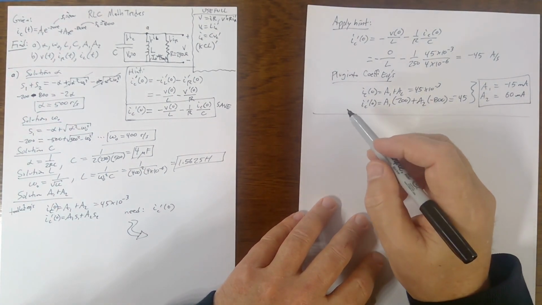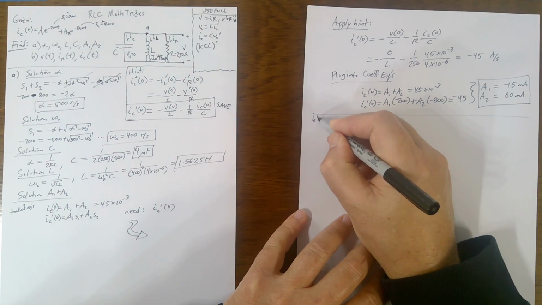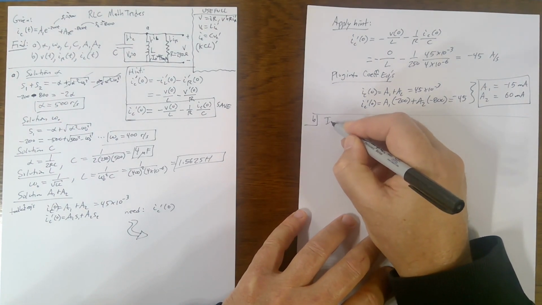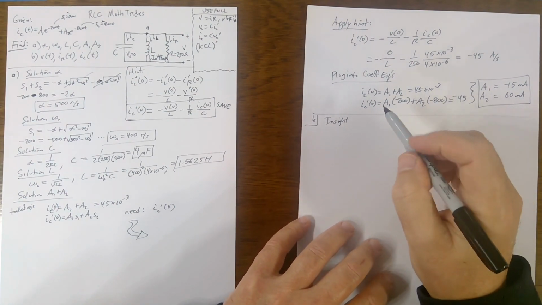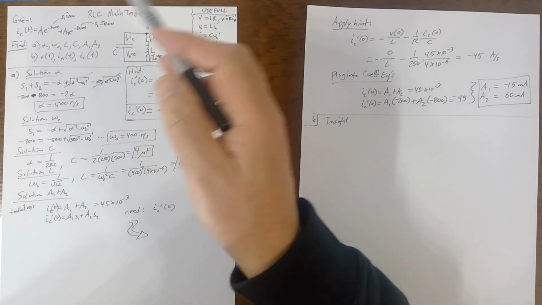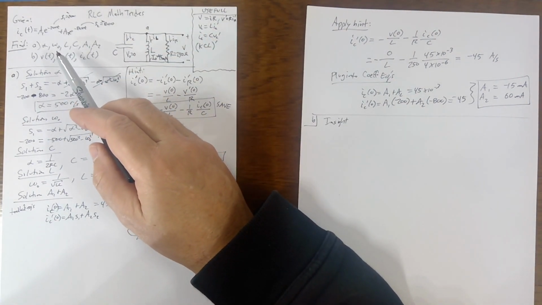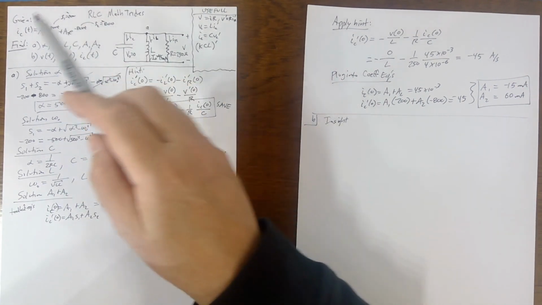So what's next? Now we have to do part B, V of t. Here's the insight. All of these signals for an overdamped system are going to have this same format.